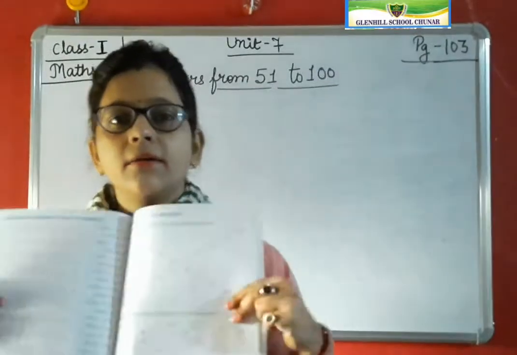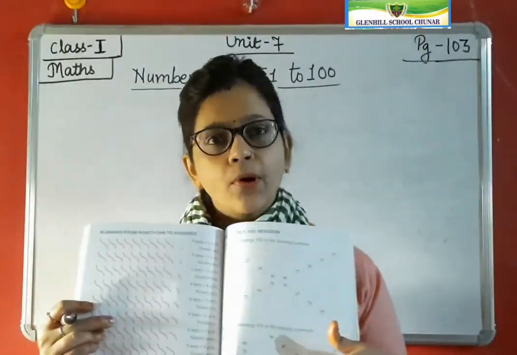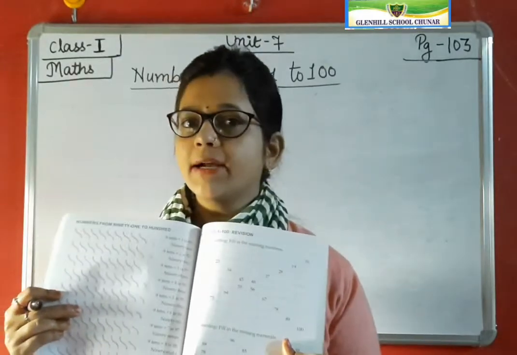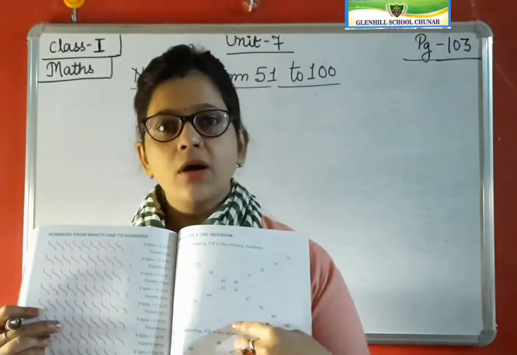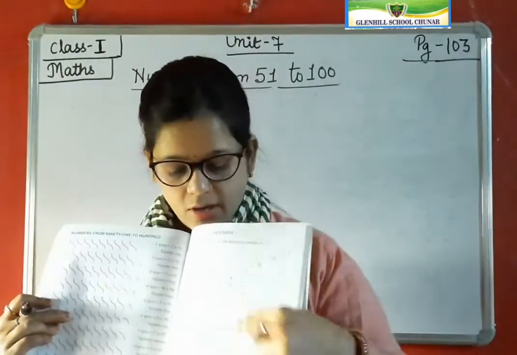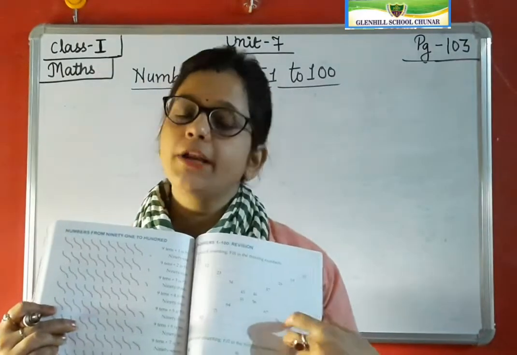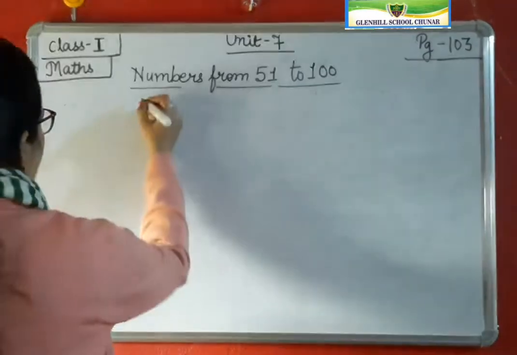See here, this one, you have to fill in your book. In your book. Students, no need to do it in your notebook. Only up to 100 numbers name you have to write down. And these two you have to do in your book. So see here, forward counting.